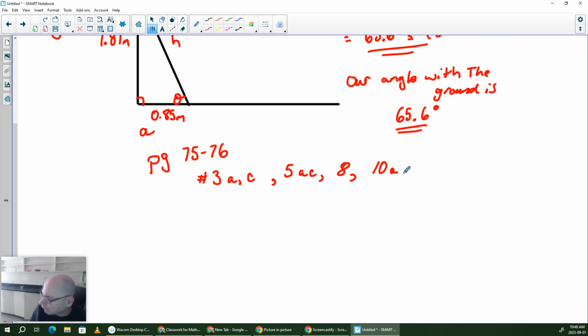We don't need to do all of those. And there's some word problems in there you can try. Let's try 14 and 15 for word problems. That'll give you enough practice, and then you can check the answers in the book.